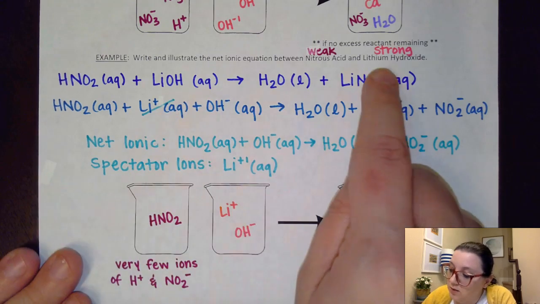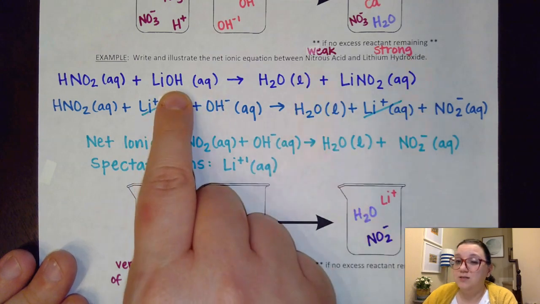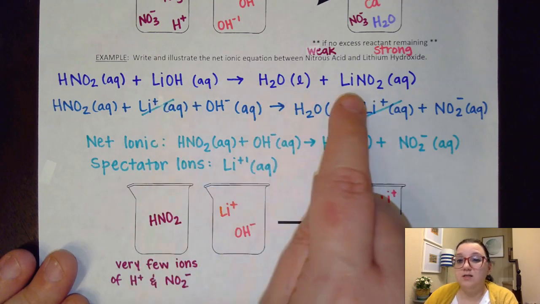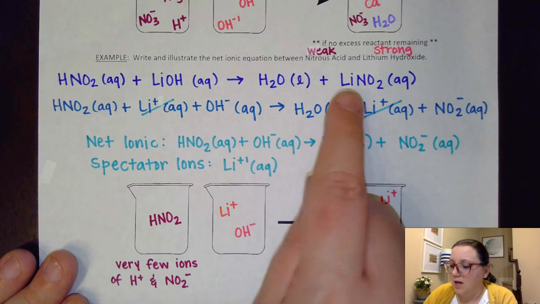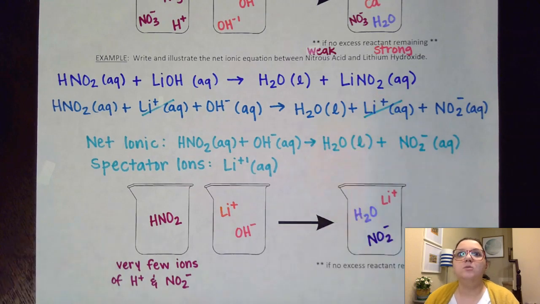Okay, now the lithium hydroxide is a strong base because it's a group 1 or 2 hydroxide. However, that doesn't change what I do over here on this complete reaction. I still am going to do a double replacement. Where it plays a role is when I start to think about splitting up my ions. Okay, so that's where we have to pay careful attention if it's strong or weak.